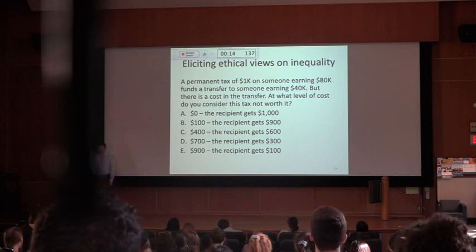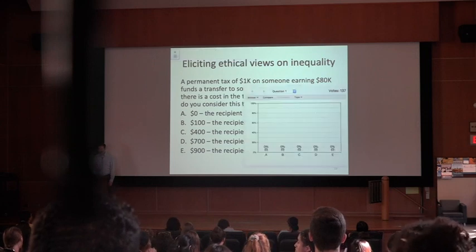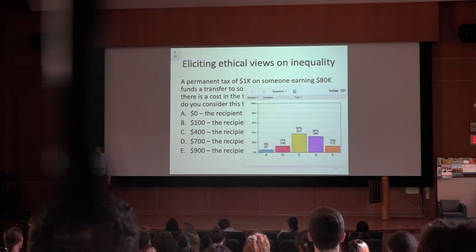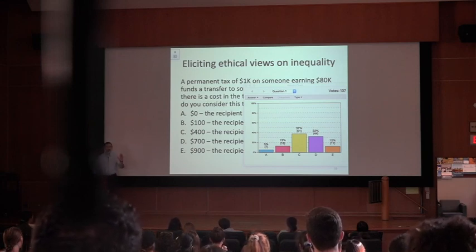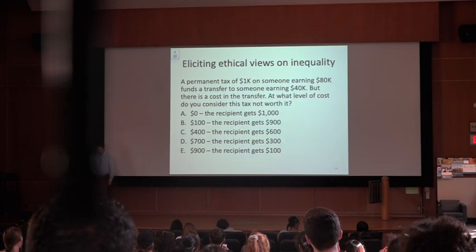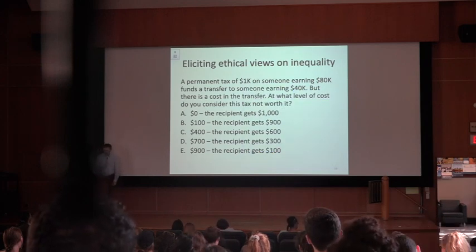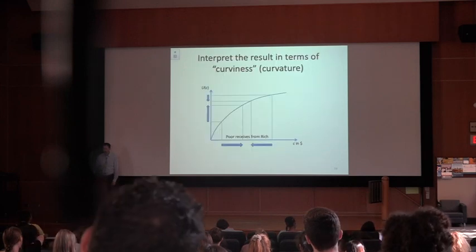Let me stop now and look at the results. C and D are prominent. Fine. Let's keep that for now, and we'll come back to it to see what it means. So how do you analyze that concretely before comparing to what economists have been doing?